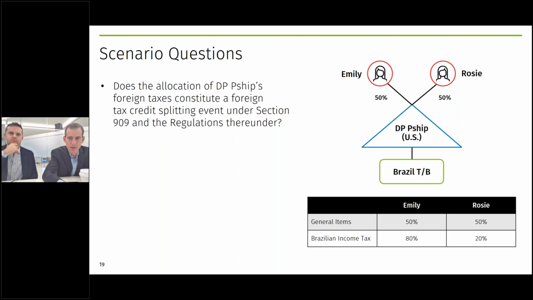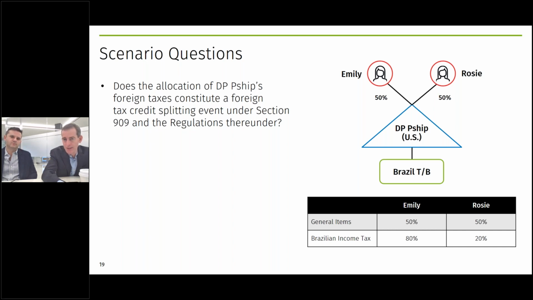What 909 is, it complements the 704(b) regime, in that the 704(b) safe harbor we went through with the categories and so forth, that's a cliff effect. If you don't satisfy it, that's it, and then it's up to facts and circumstances on how you really should be allocating those taxes.